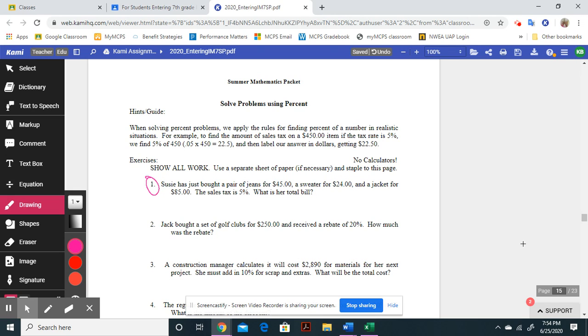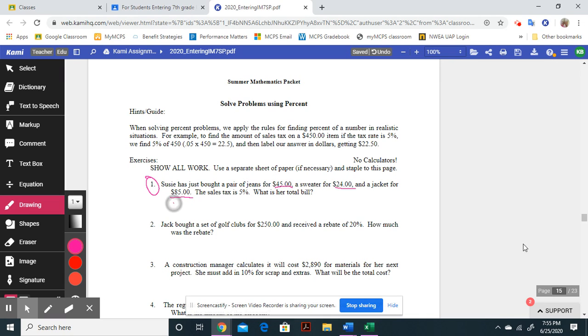Well, first things first, you asked me the question, are we only multiplying or are we doing a mix of things? I can tell you for every problem, we are going to multiply something, but we're also going to have to add or subtract depending on what is stated in the sentence. For this problem, you already know she's going to have to add these up to find the exact price.